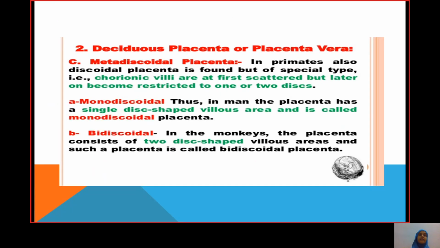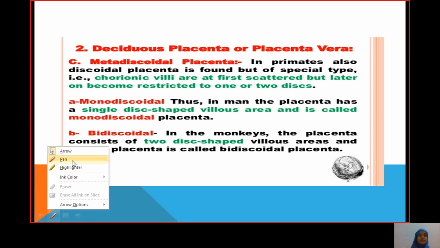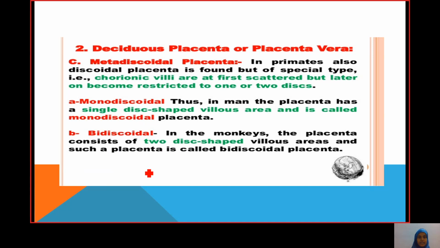Next, metadiscoidal placenta. In primates also discoidal placenta is found, but a special type, metadiscoidal placenta, is also present. That is, chorionic villi are at first scattered, but later become restricted to one or two discs. What happened? First the chorionic villi are scattered like this. Then they arrange in the form of a small disc. It may be one disc, or it may be arranged in the form of two discs like this. It may be a single disc.